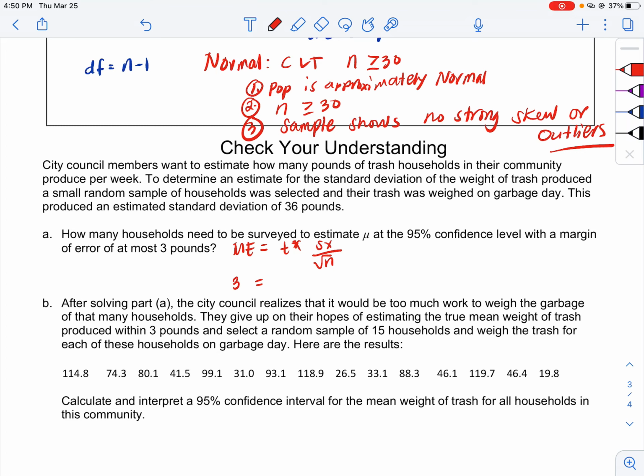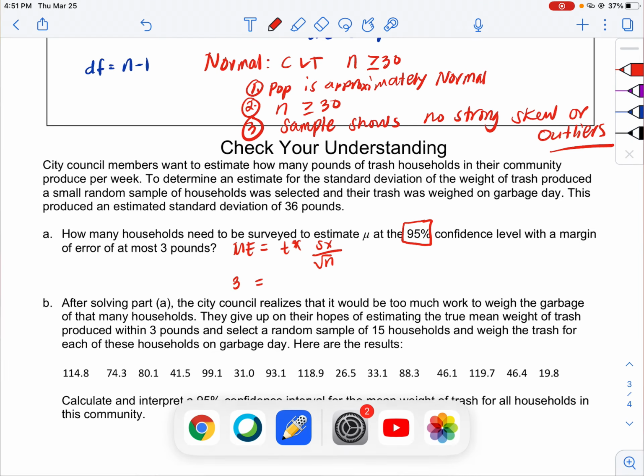So in this case, instead of using T star, we are going to use Z star, because we are trying to look for the sample. So in replacement of the T, when that's not available, we are going to use Z. So we are going to take a look at 1.96 in our table.